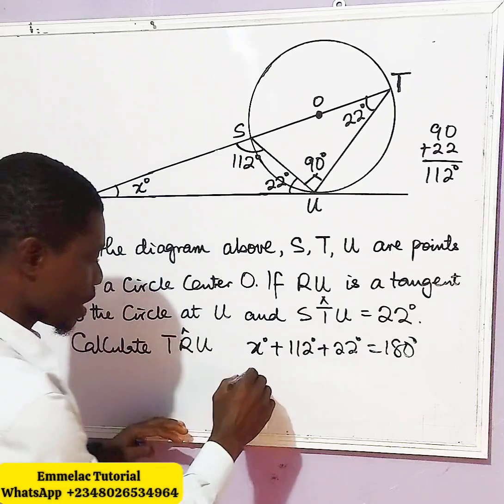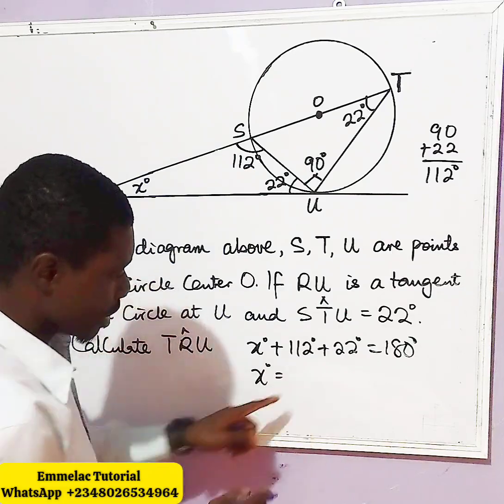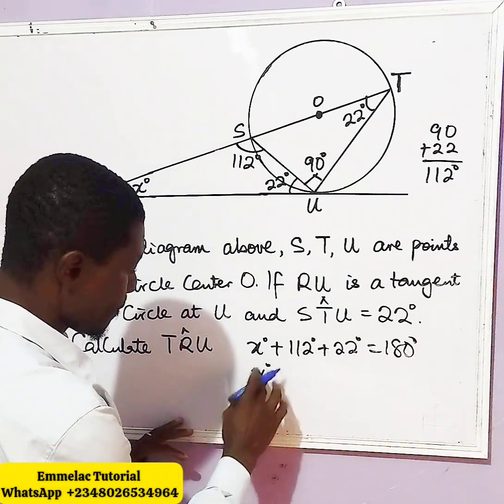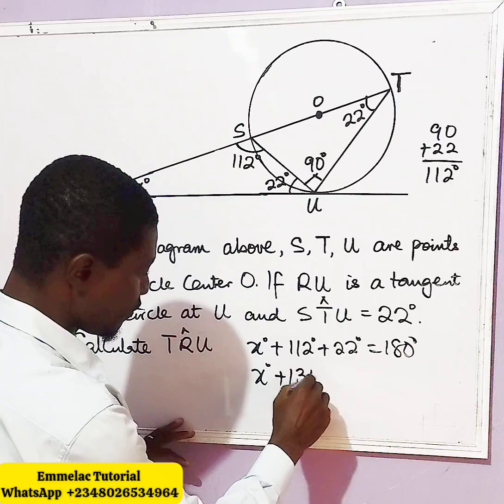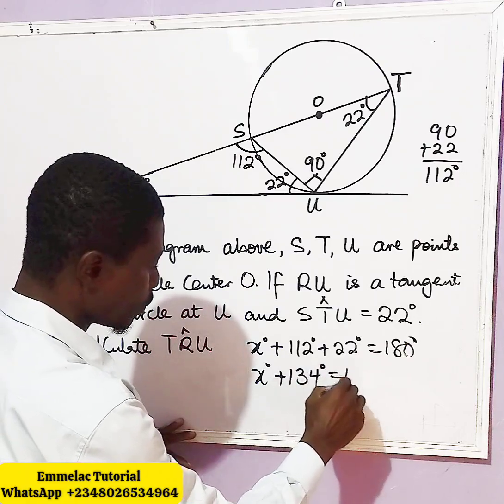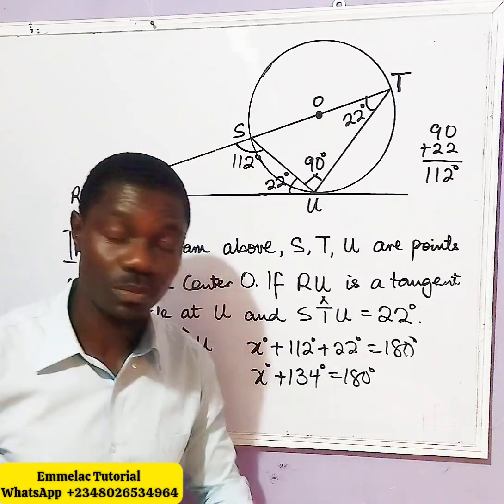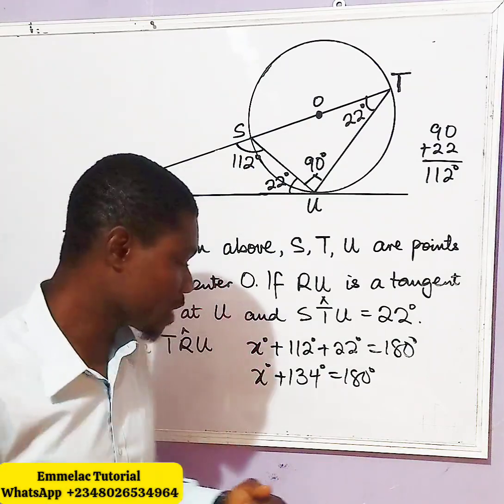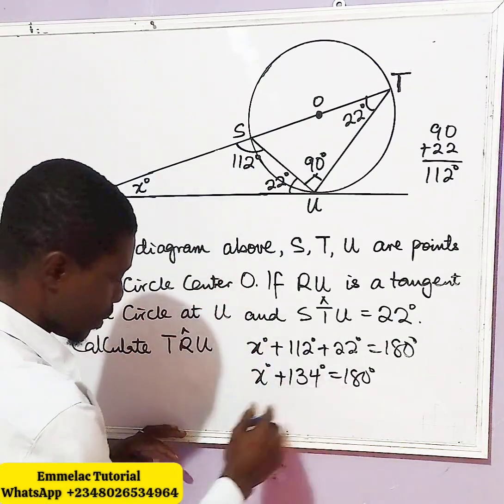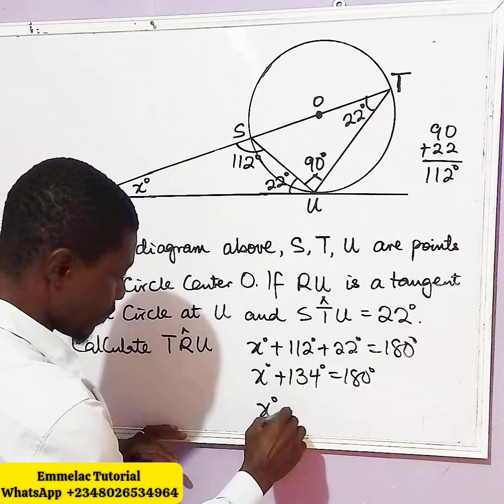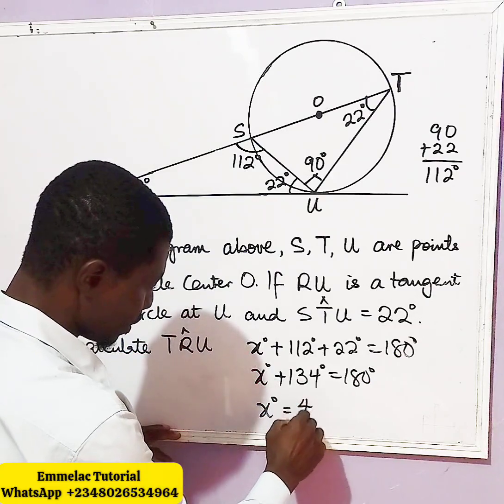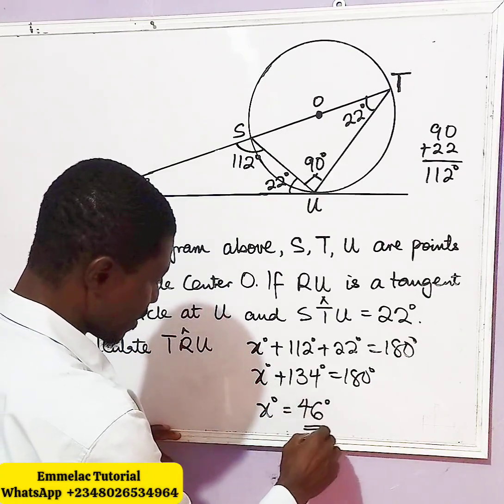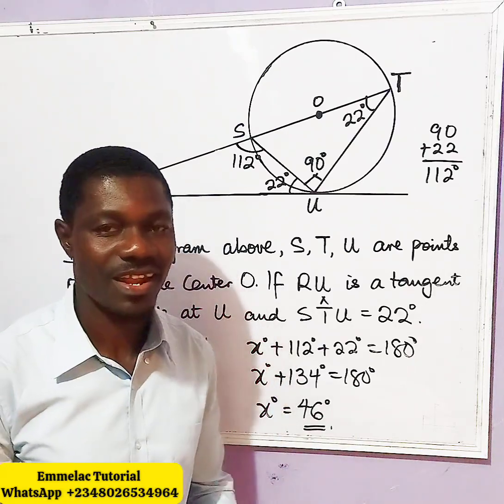When we sum this together, X degrees plus 134 degrees equals 180. When we subtract 134 from both sides of the equation, we end up having 46 degrees as the final answer.